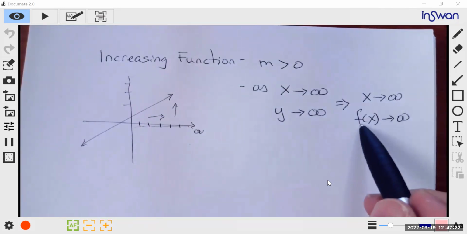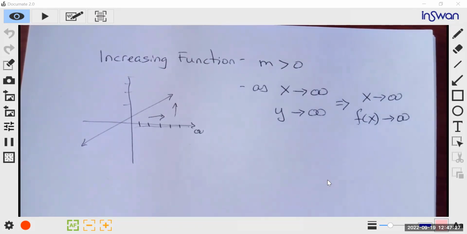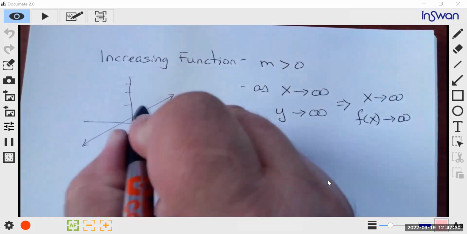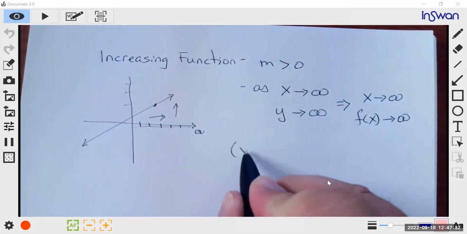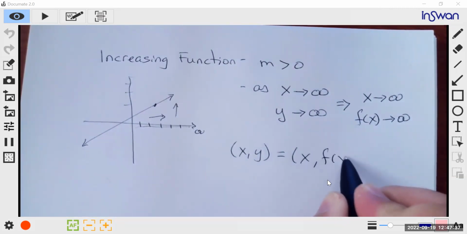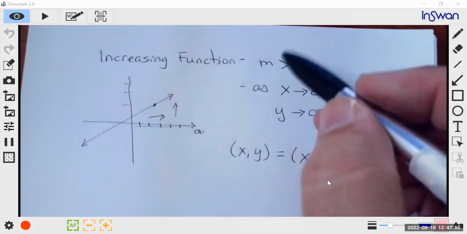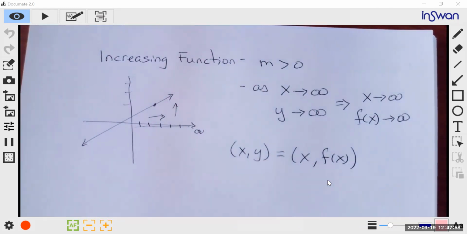You have to remember that anytime you see a function, f of x, g of x, whatever, it's the same thing as y. So any point on this graph, any point that's an x and y is also x, f of x. They all mean the same thing. Okay, this is the basic definition of an increasing function.